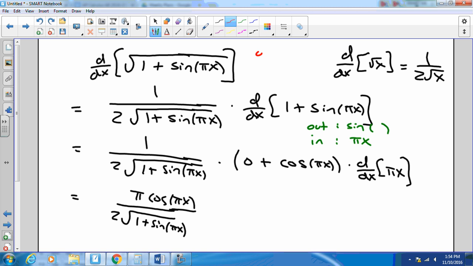Here? Well, think of this in terms of outside and inside. See it?